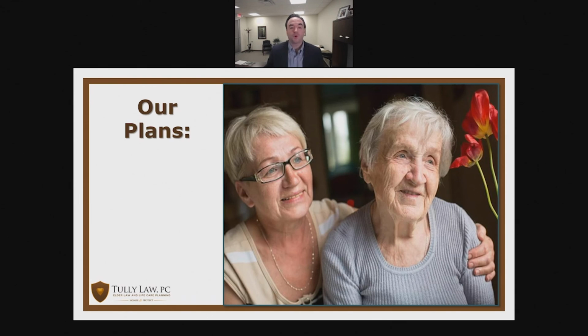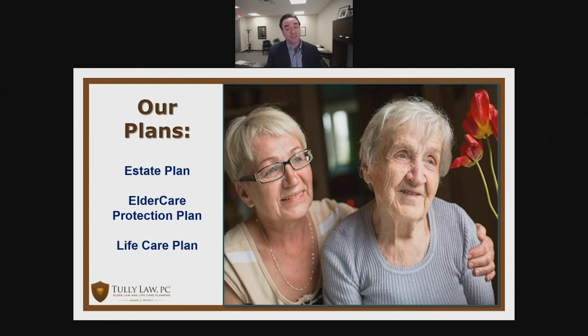Now, our plans, where we come in to help, is through estate planning, through what we call elder care protection planning, and through our signature service, what's called life care planning. So an estate plan is really for the younger folks, all right? No health issues.